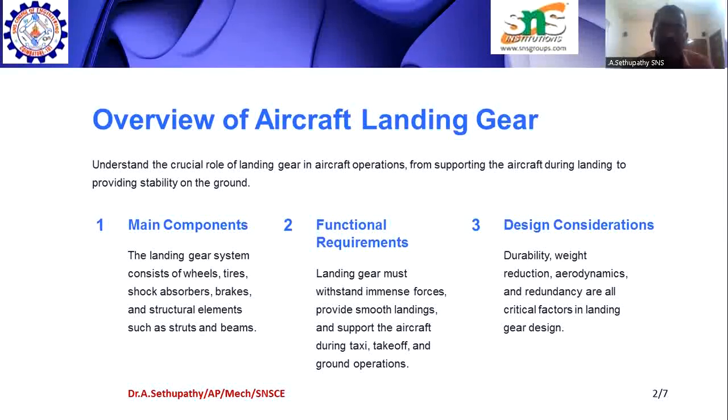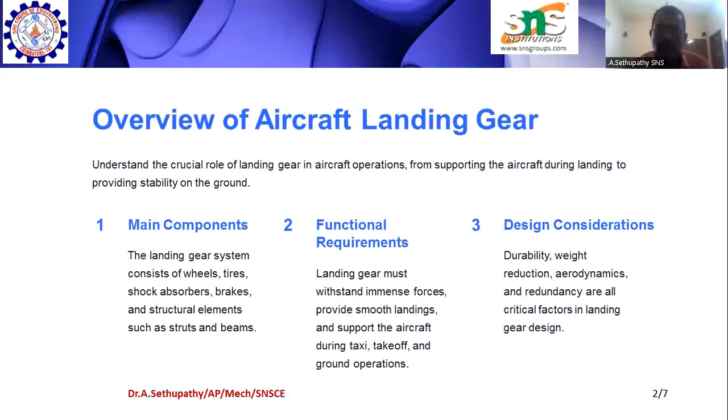First one is main components. What are the components included in the landing gear? The landing gear system consists of wheels and tires, shock absorbers, brakes, and structural elements such as struts and beams. So the beams and struts are holding the rim, tire, and brake system in the aircraft.